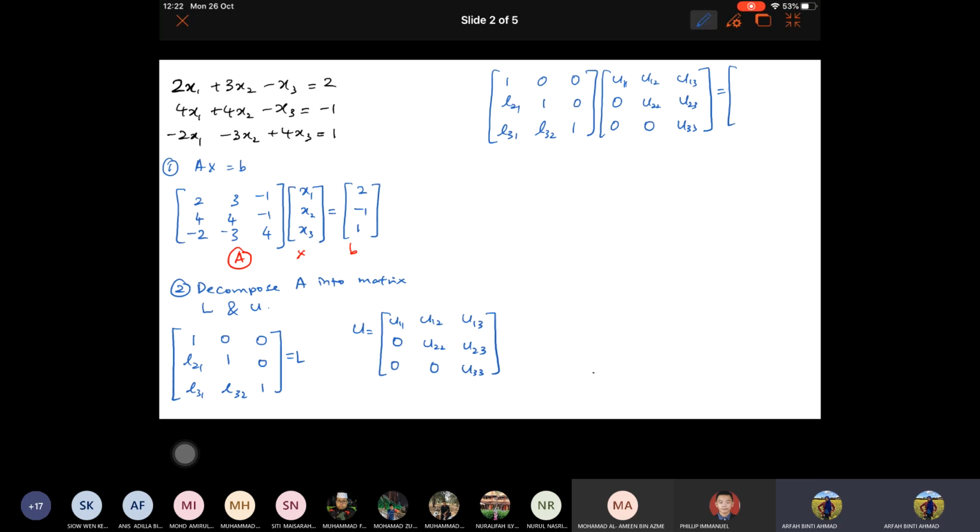Okay. This one will be equal to 2, 4, negative 2, 3, 4, negatif 3, negatif 1, negatif 1, 4. Okay. So, kalau awak tengok, yang ini 3 kali 3. This one also 3 kali 3. So, tengah dia sama. Dan kalau kita kembangkan, dia akan jadi satu matriks yang mana 3 kali 3.